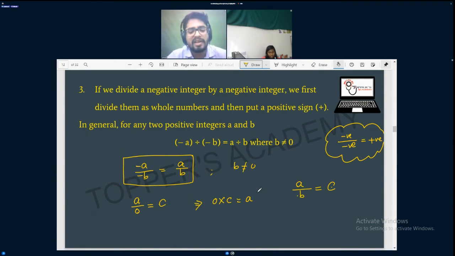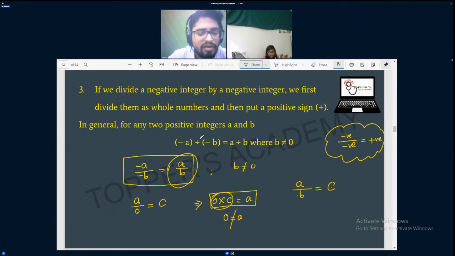But in multiplication, we learn that 0 into c is 0. So 0 is not equal to a. It means we cannot divide any number by 0. Okay? Got it?